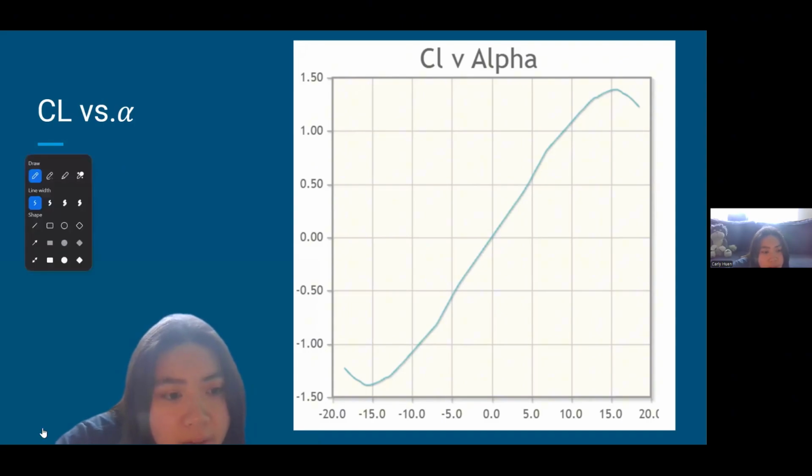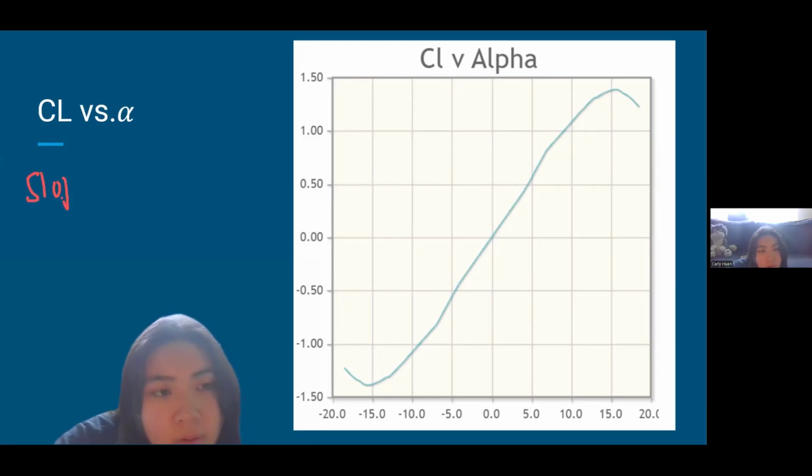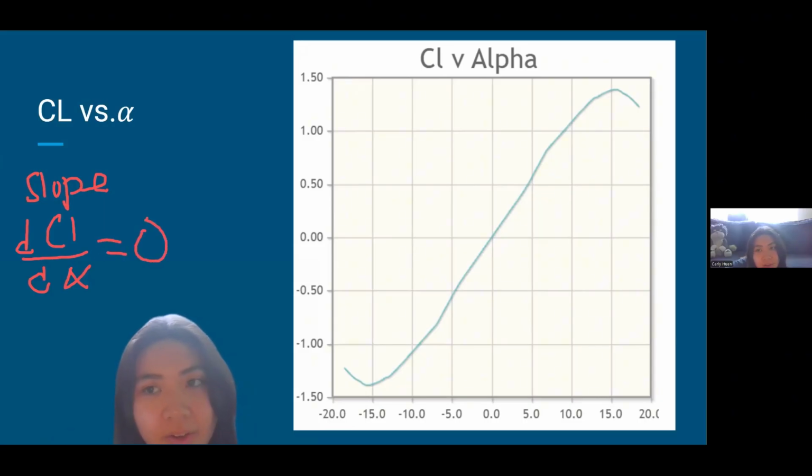You've got your slope you have to pay attention to. And also when it plateaus. Let me talk about this first.